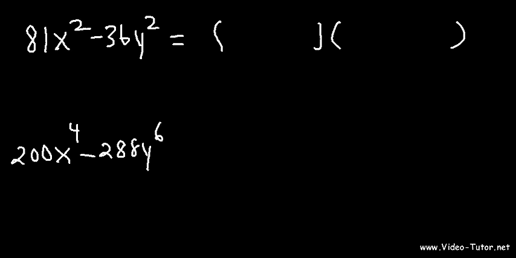The square root of 81x squared is 9x, and the square root of 36y squared is 6y. So we're going to have a plus and we're going to have a minus. Now notice that we can factor further. Notice that 9 and 6 have a GCF, which is 3. So in this term, we can take out a 3.